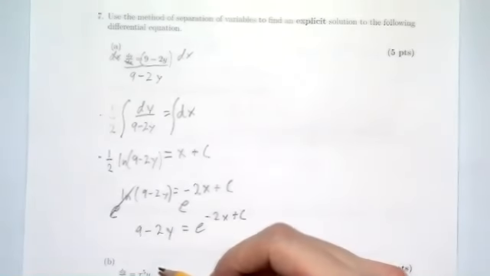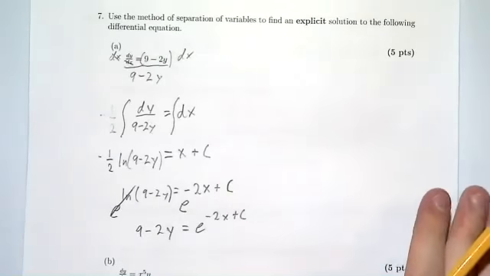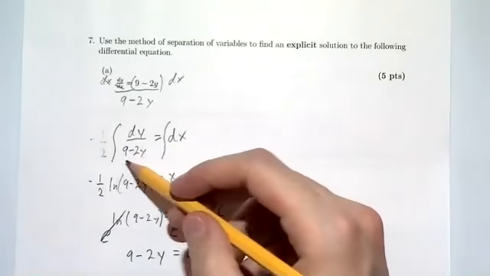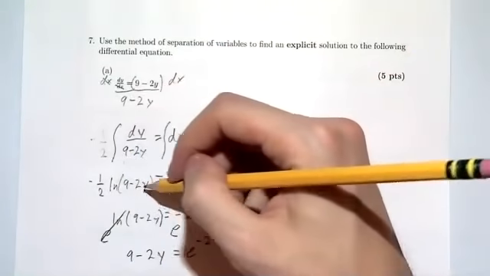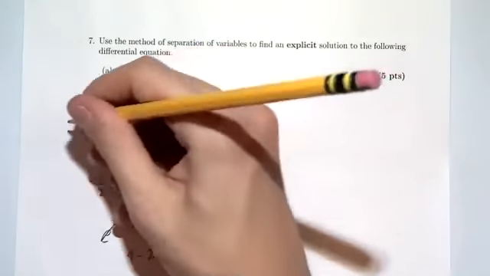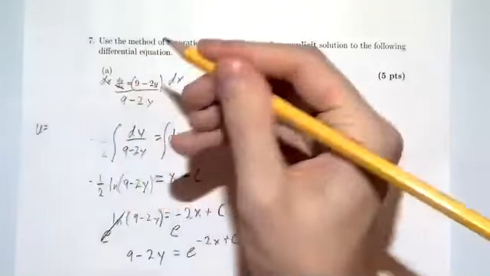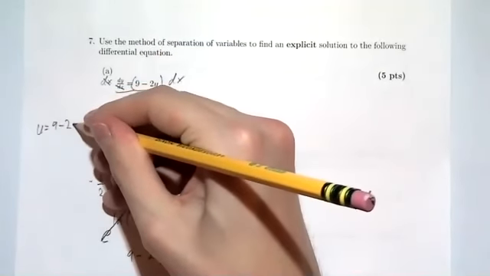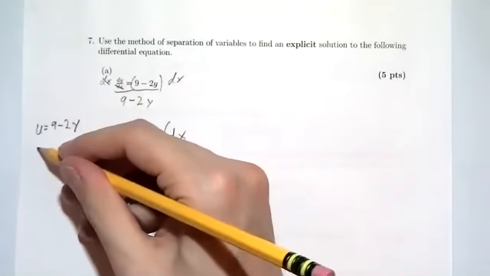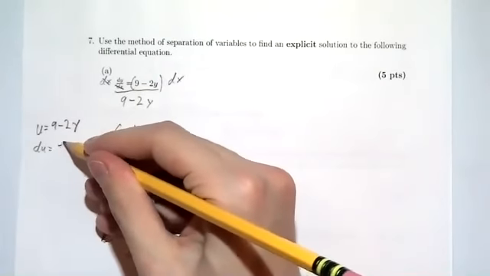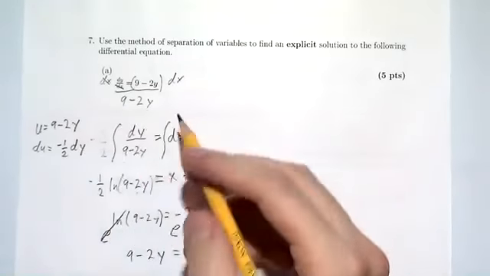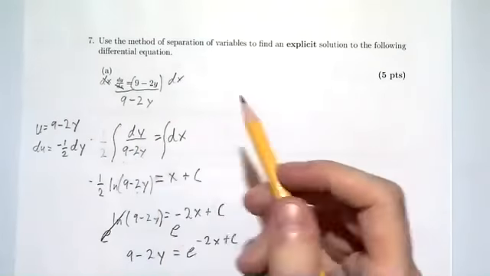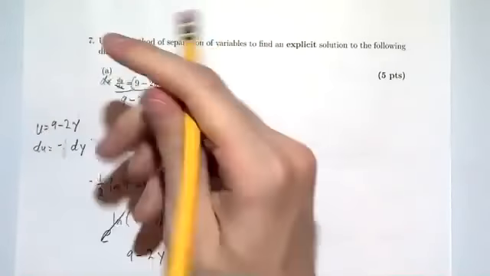Somebody's asking about how you got -1/2. Oh, -1/2. So here I used u substitution. I guess I could show the full work. So here you would have u is equal to 9 minus 2y. And so du would equal -2 dy, my bad.